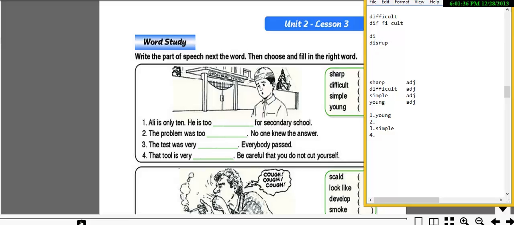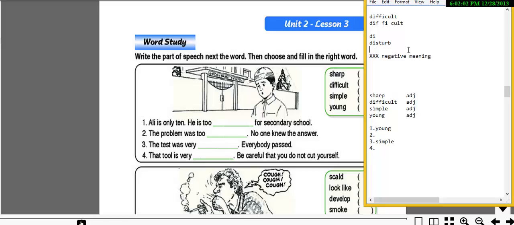Disruption, for example, or disturb. Okay, so disturb is pretty much a word that starts with the same part as difficult. And the word disturb is something that's annoying, that's not okay. It has a negative meaning. So you know that difficult has a negative meaning too.